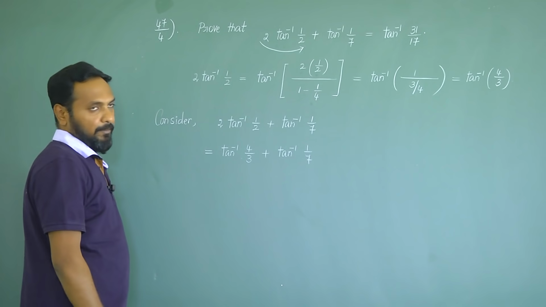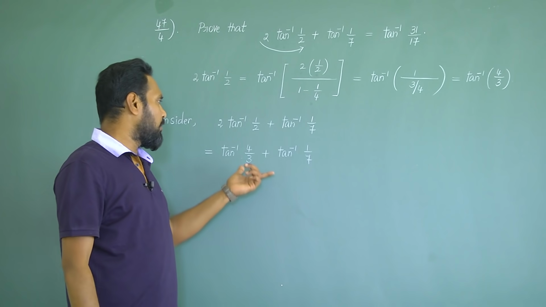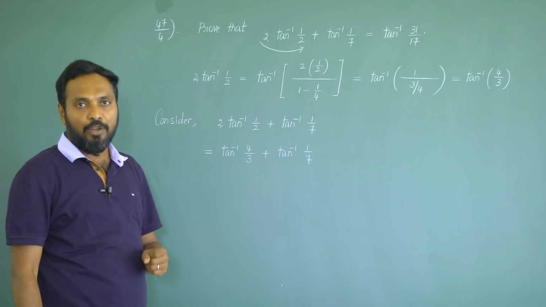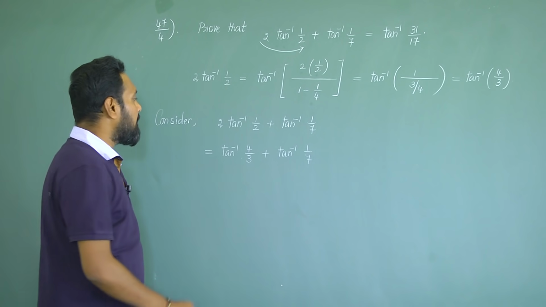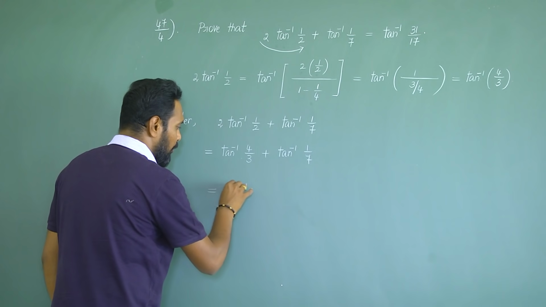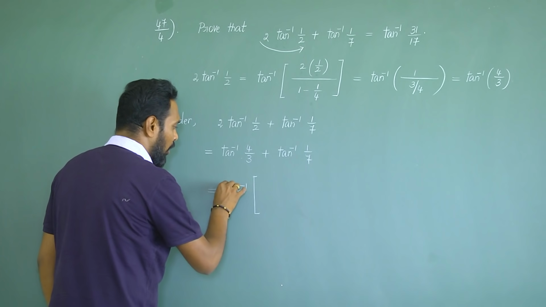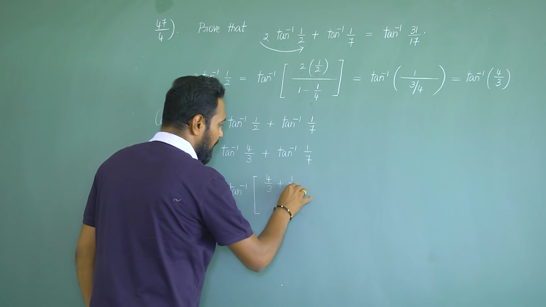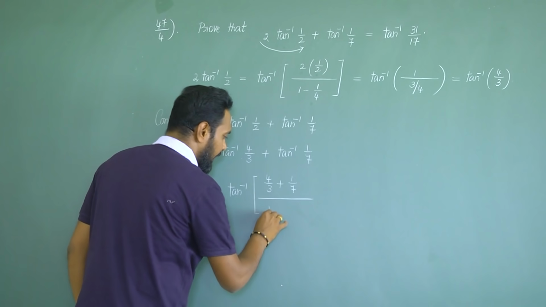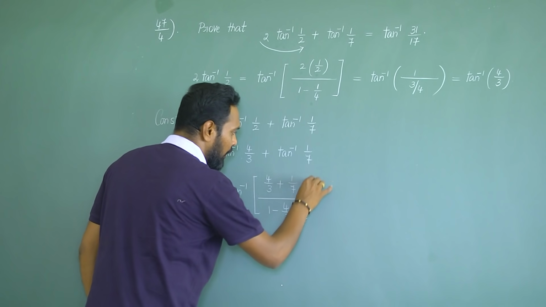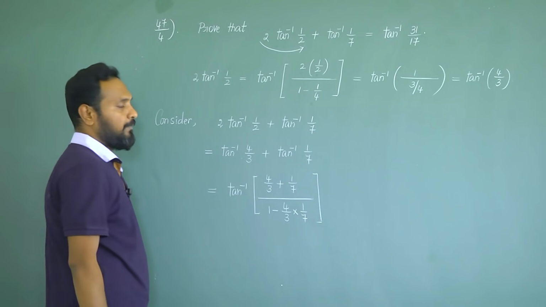What is the formula we have to use for tan inverse x plus tan inverse y means tan inverse of x plus y by 1 minus xy, that equals to tan inverse of 4 by 3 plus 1 by 7 divided by 1 minus 4 by 3 into 1 by 7.